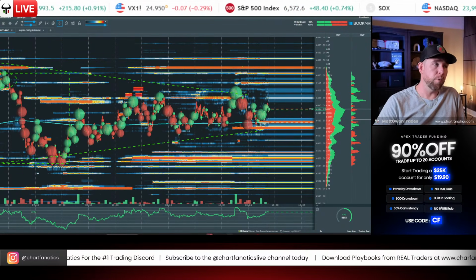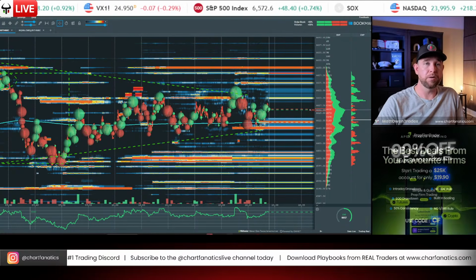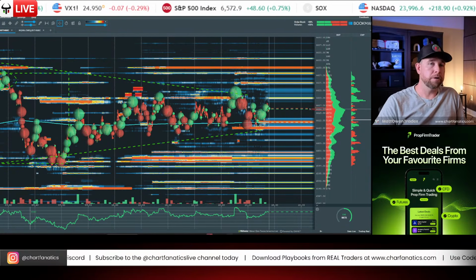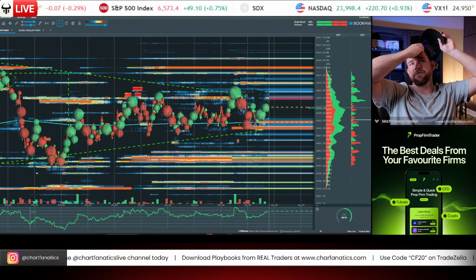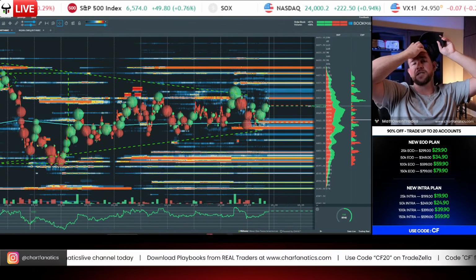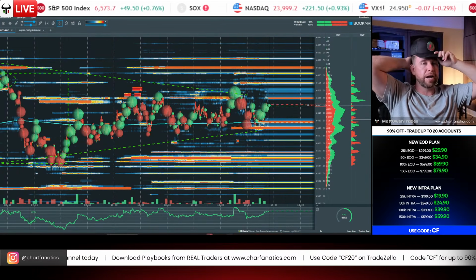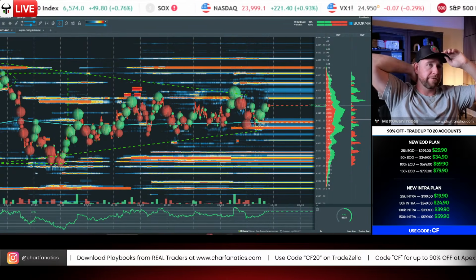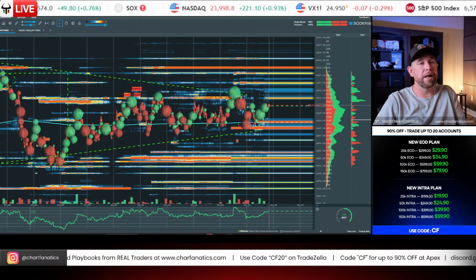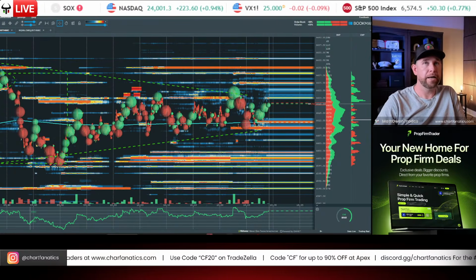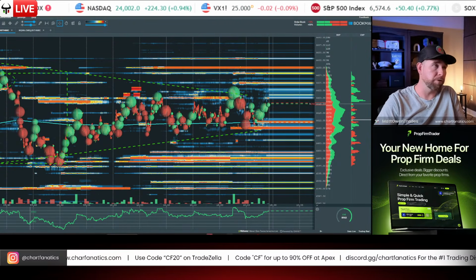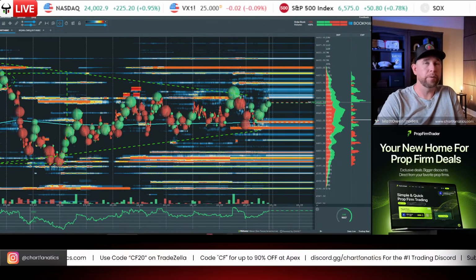We either break one side and reject back into the middle, or we break one side and continue, right? Very few times we break both sides of a prior day range, or even maybe initial balance. Initial balance probably breaks both sides more frequently than prior day highs and lows break both in one day. That's not frequent.